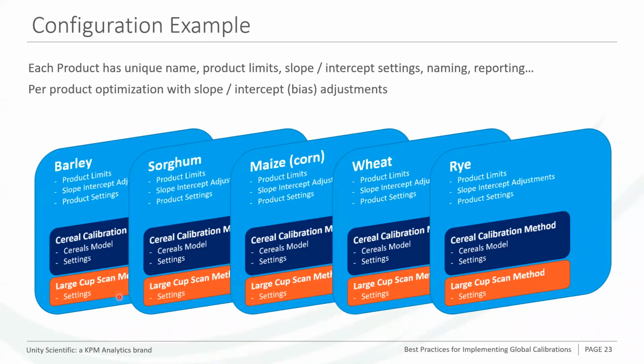But for the purposes of this webinar, if I get an updated calibration model, I can update that model once and all of my products are updated automatically. So it's a very easy and efficient way of managing your calibrations within your analytical system while preserving the ability to really optimize and dial them in on a per product basis.